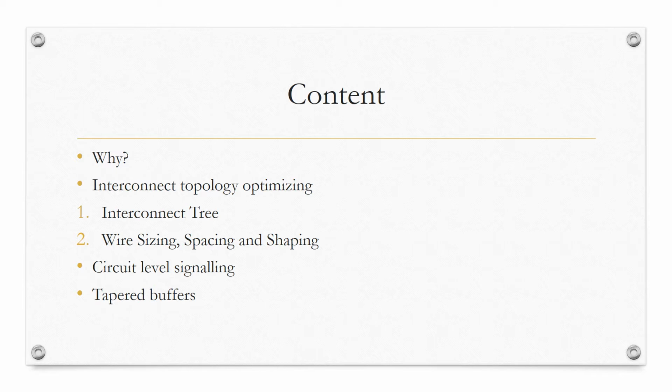So why at all do we need to work on this global interconnect improvement? Because we have already discussed in technology scaling that scaling has the worst effect on global wires, and global wires are very important since they are sometimes distributing power supply and ground.